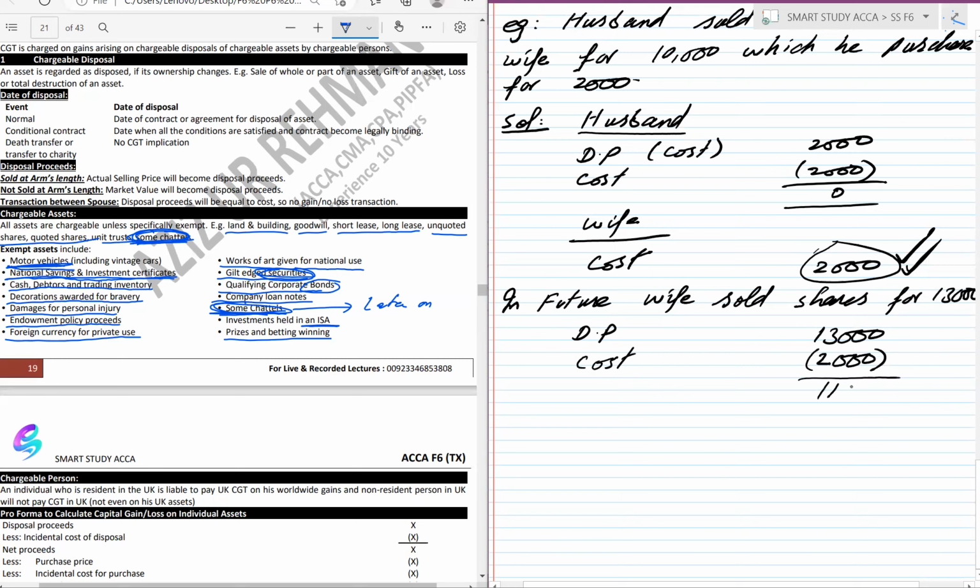And now the answer is 11,000. So profit is 11,000. The wife will pay tax on 11,000 pounds. These are basically the tax implications if there are transactions between husband and wife. So transactions between husband and wife are recorded at no gain, no loss. Students, if you have any questions, you can ask.